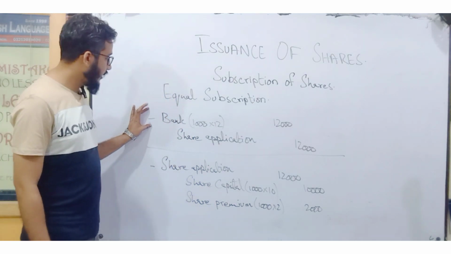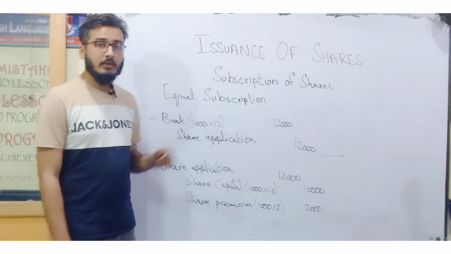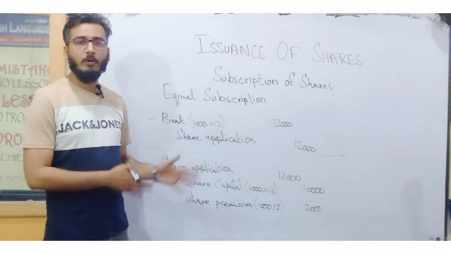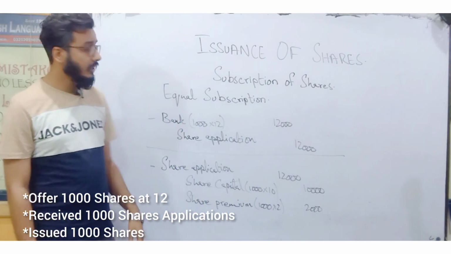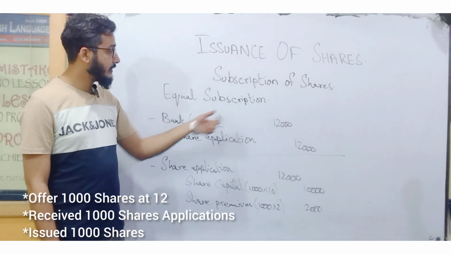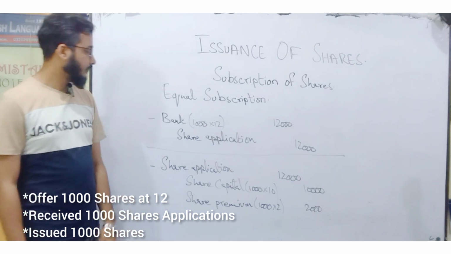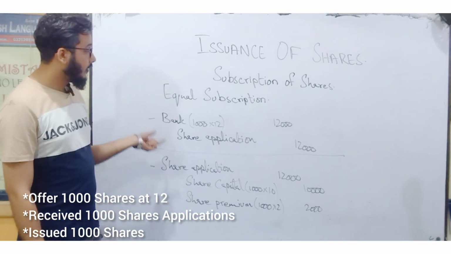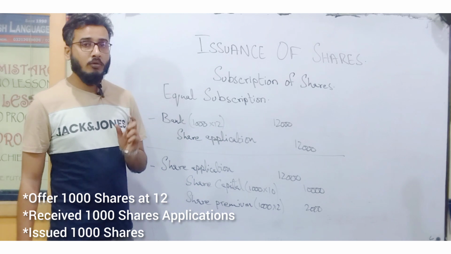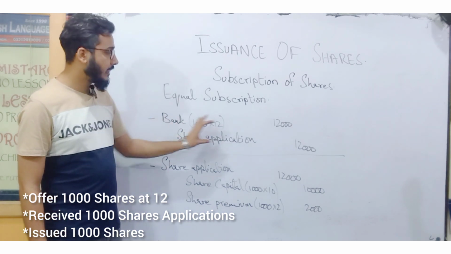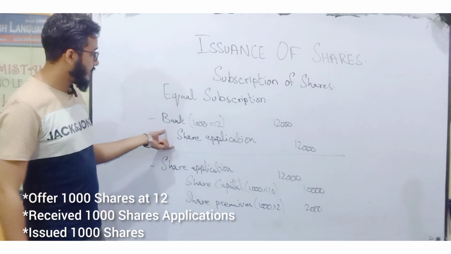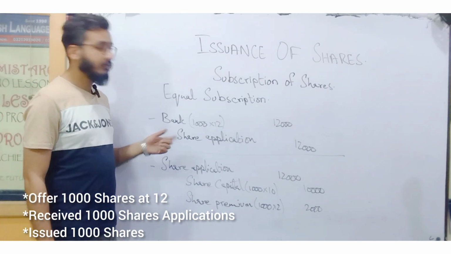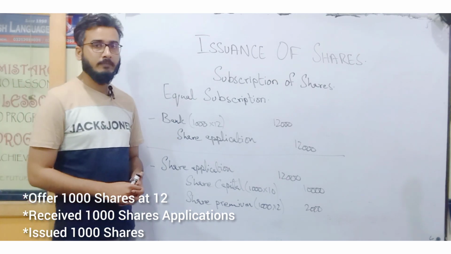Here we have bank debit because it will be deposited into the company's account and the cash in bank will be increased. As it is an asset, it shall be debited. But until the shares are issued, we will open a temporary account, which is share application, by 12,000 because it is written on behalf of equity.